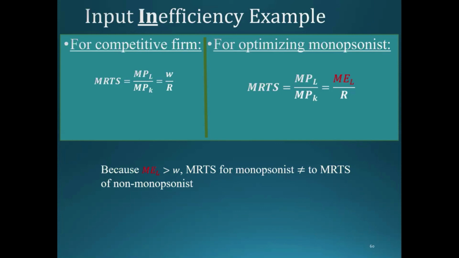So for example, maybe we want to have minimum wage laws so that monopsony firms have a marginal expenditure that's equal to the wage rate, so that different firms have the same marginal rate of technical substitution, which implies that there is input efficiency.